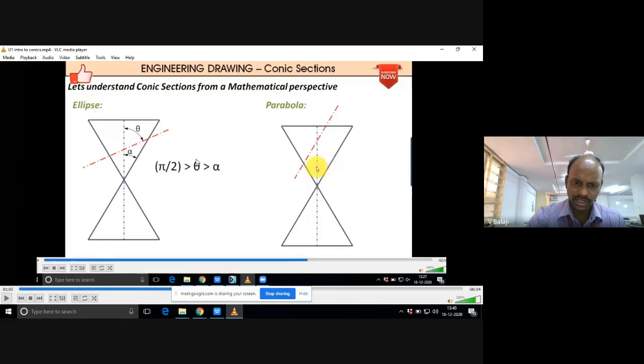See the relation between theta and alpha. If theta is more compared to alpha, then you will generate an elliptical curve.